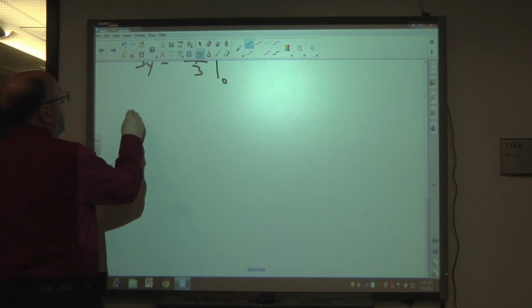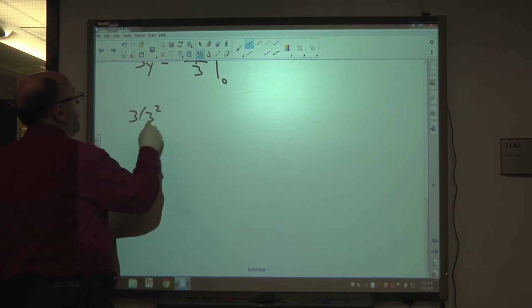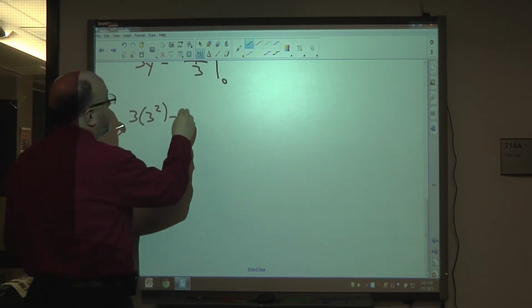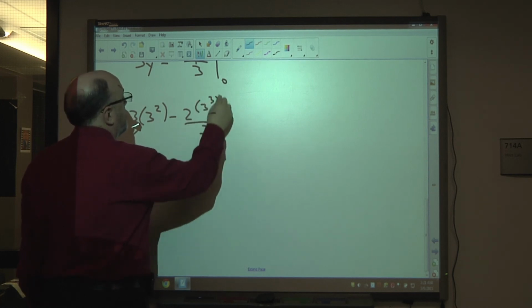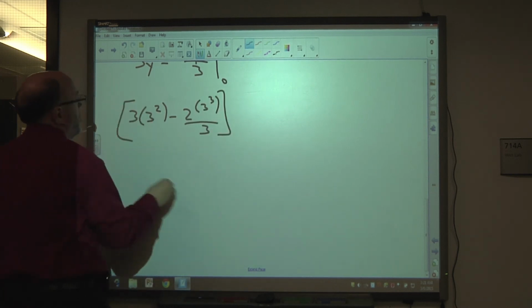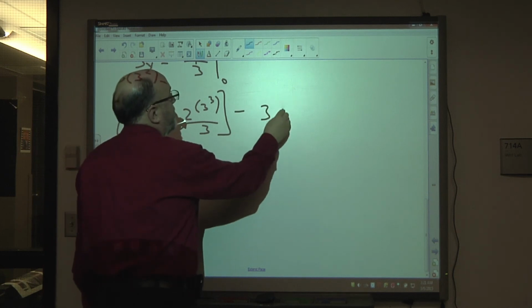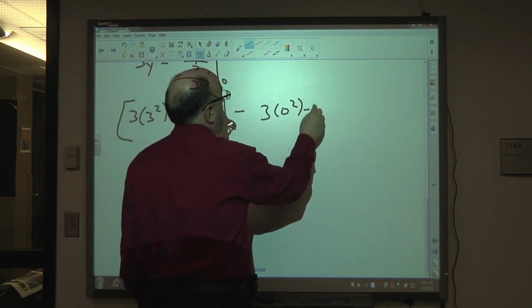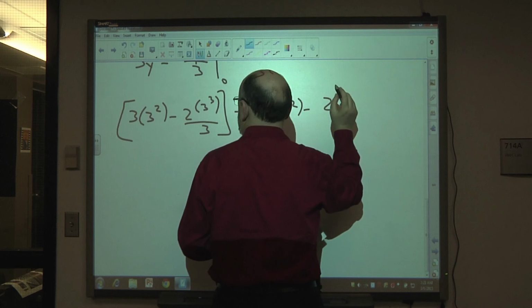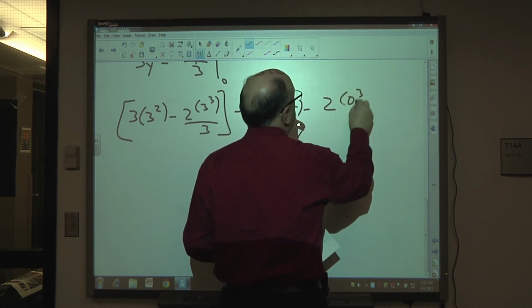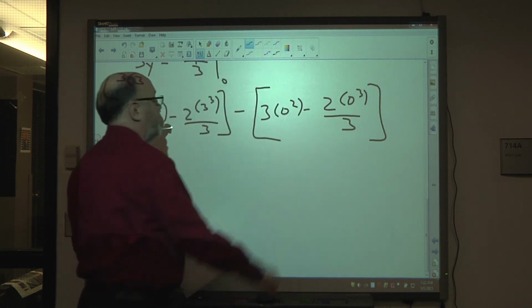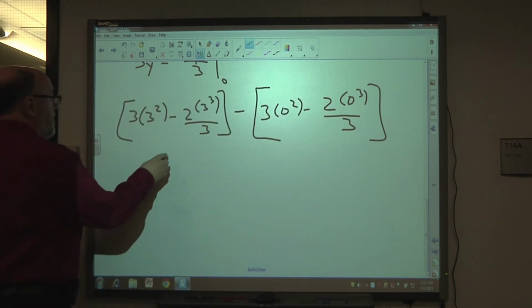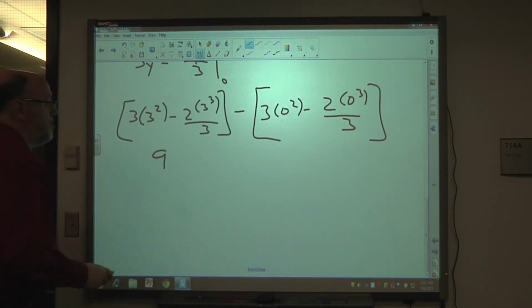And so we get 3 times 3 squared minus 2 times 3 cubed over 3 minus 3 times 0 squared minus 2 times 0 cubed over 3. Plug that all in, and we come out to 9.